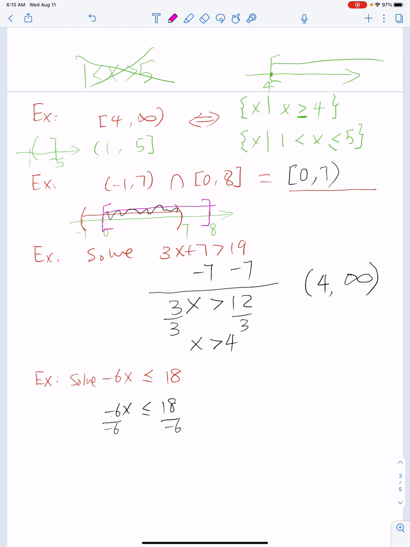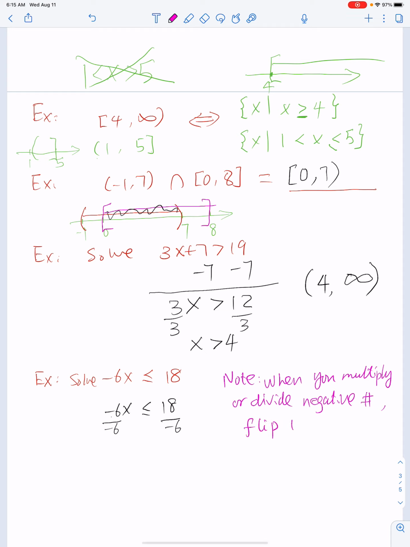Do you guys remember? When you multiply or divide negative numbers, you have to flip the inequality sign.